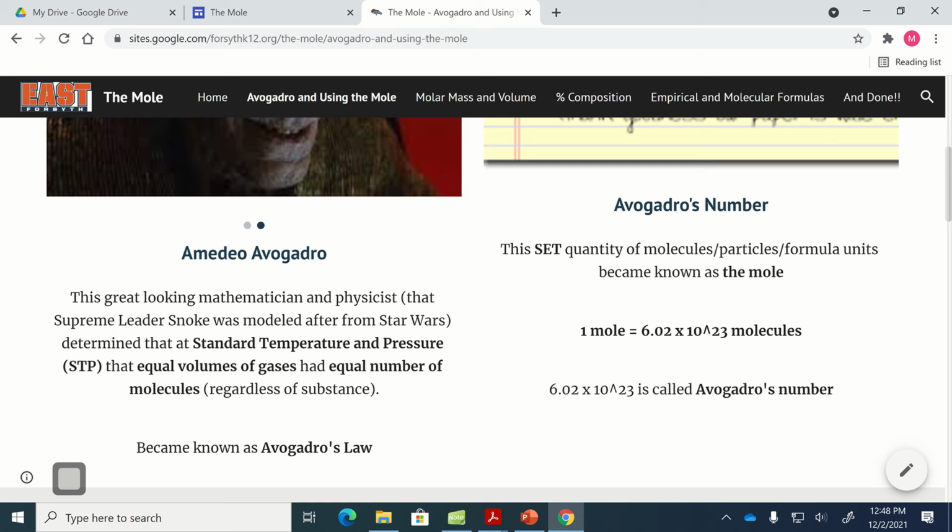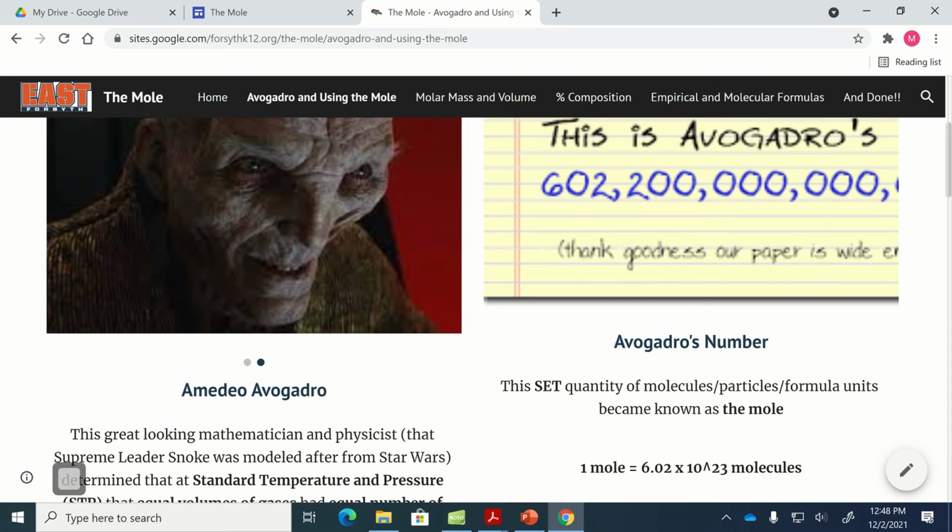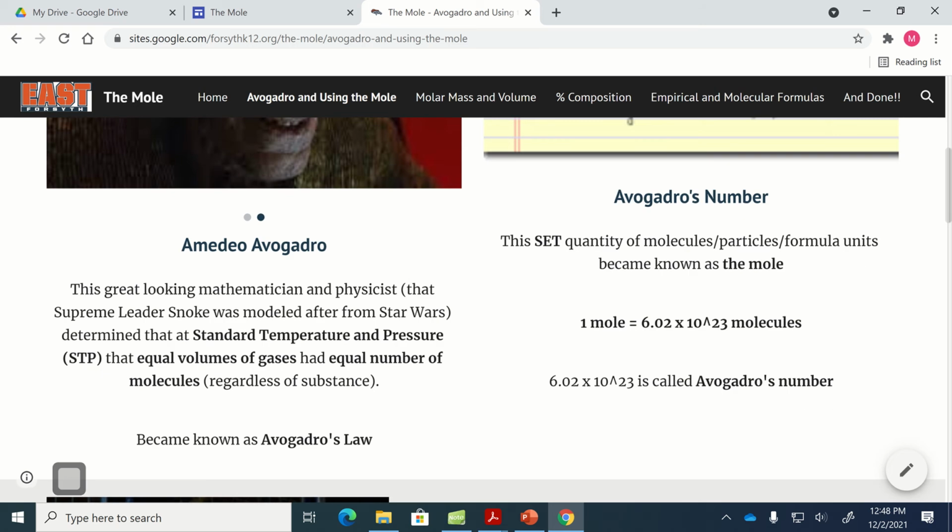Now, because of their size, they might be different masses involved, and that's what we're going to get into later. But that's where Avogadro came along, and he developed what's called Avogadro's law. And essentially what that leads to is Avogadro's number. Avogadro's number is a set quantity of molecules, particles, formula units, which he then called the mole.